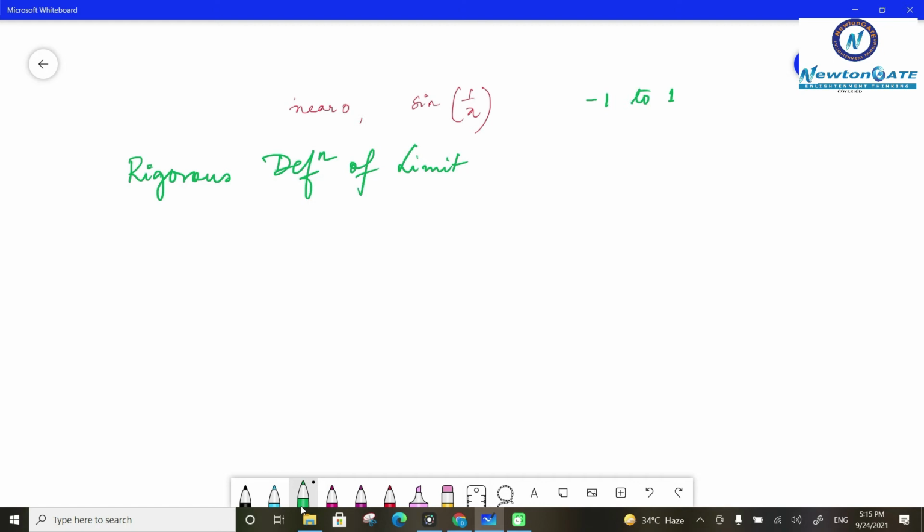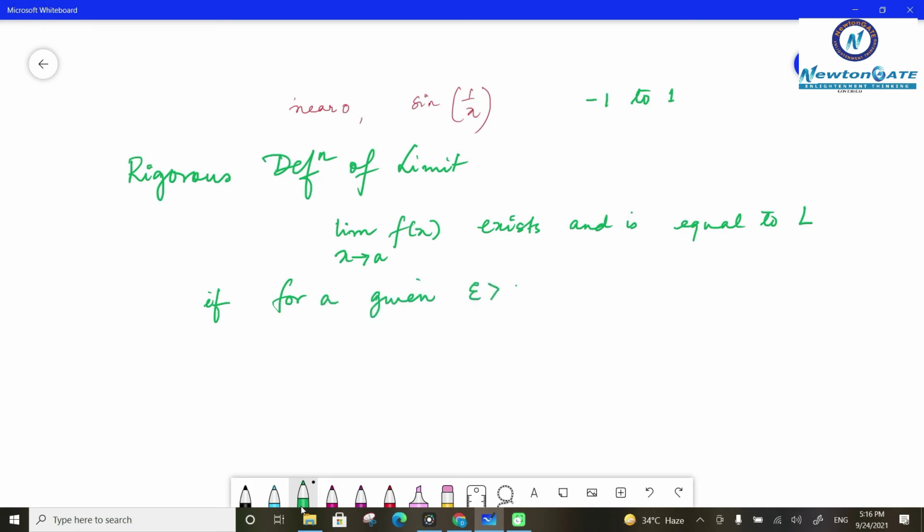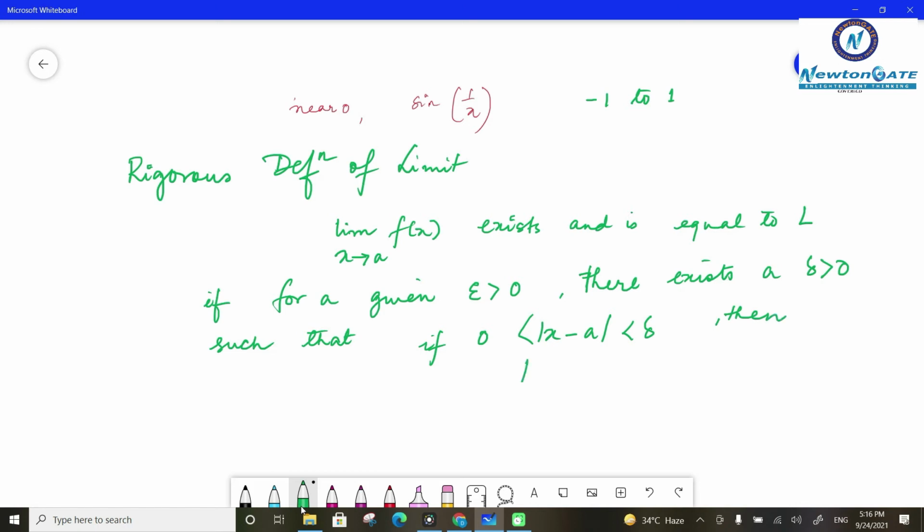So we say that the limit as x tends to a of f(x) exists and is equal to the value L if for a given epsilon greater than 0 there exists a delta greater than 0 such that if 0 less than or equal to mod x minus a less than delta, then mod f(x) minus L is less than epsilon.